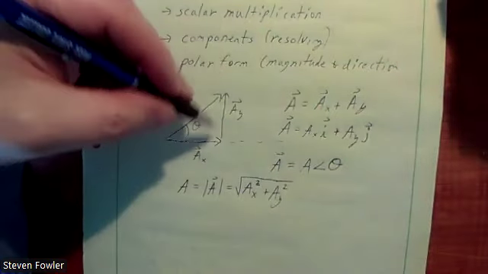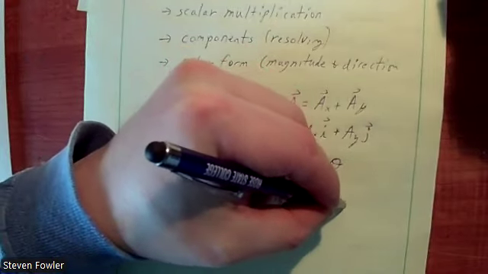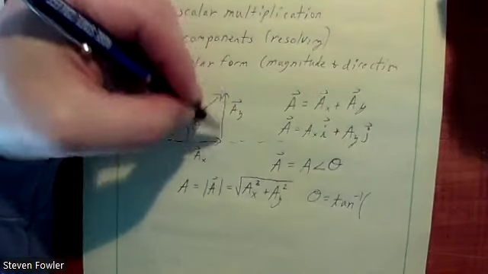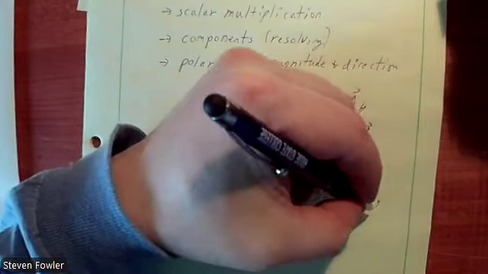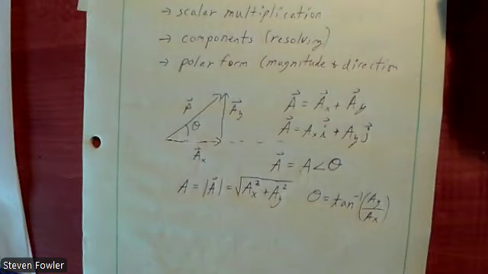And then again, you can do your trig here and see that to find theta, I could take the inverse tangent of Ay, the opposite side of theta, divided by Ax, the adjacent side of theta.